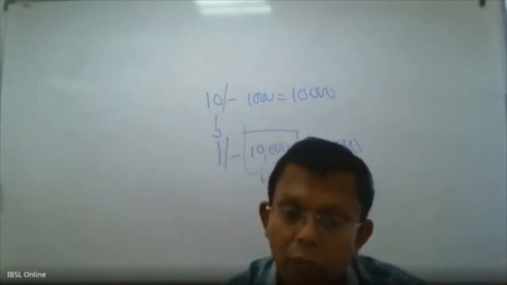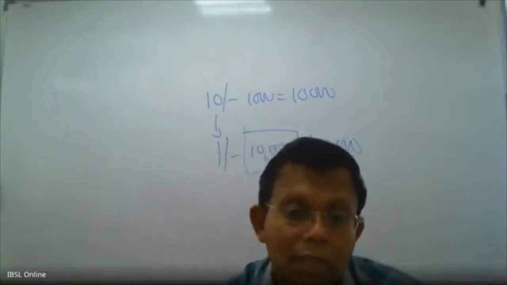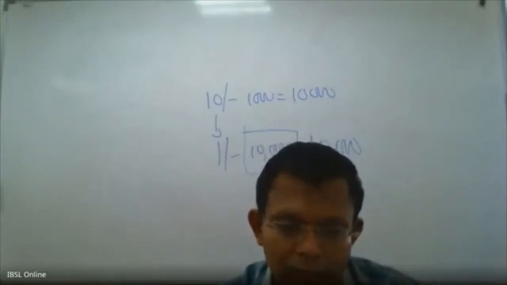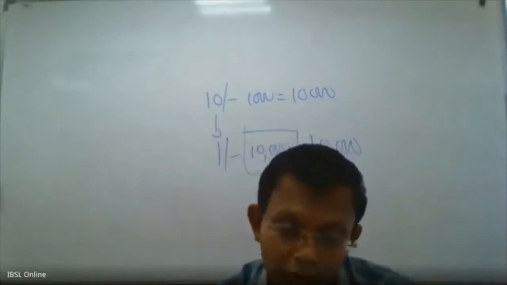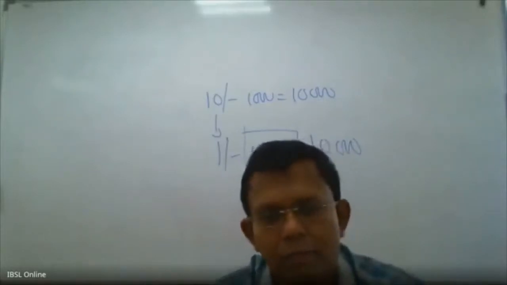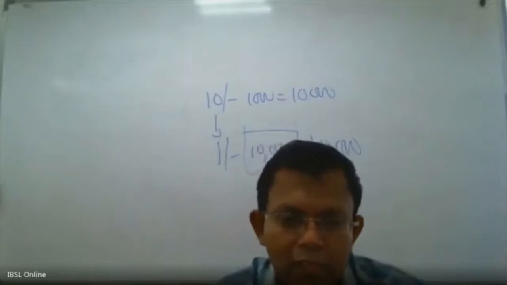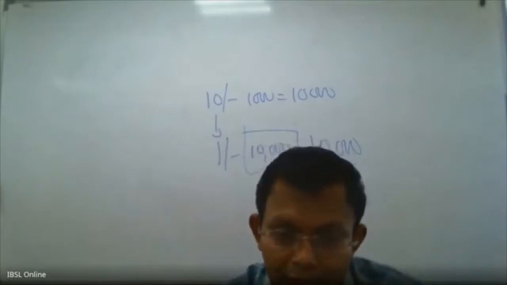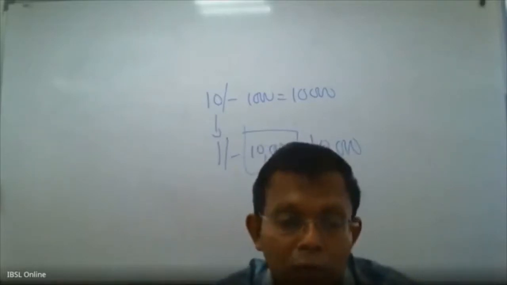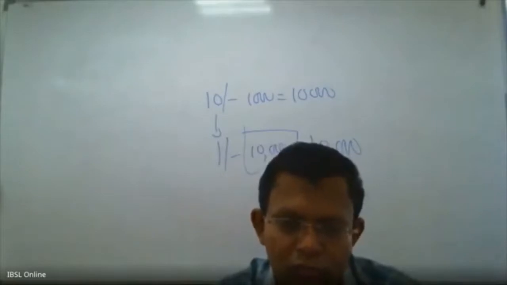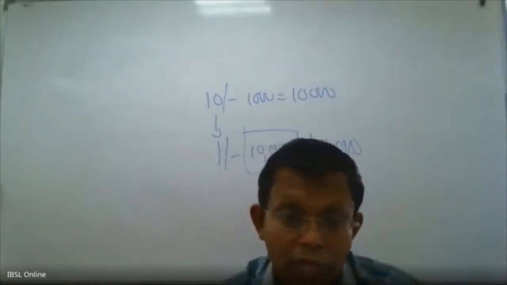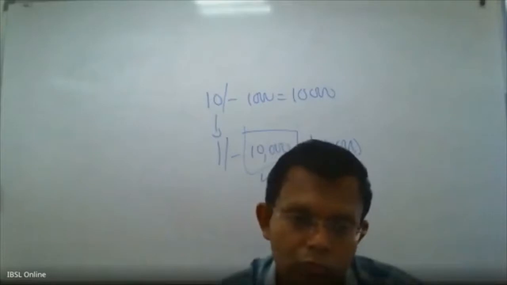Year 0 means now. But in this calculation, you have a year 0 figure, which is generally a cash outflow. Why? If you want to purchase a particular machine, you have to pay now. So there is a cash outflow now.